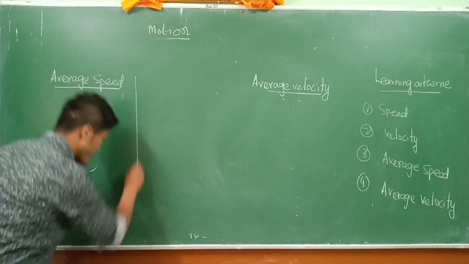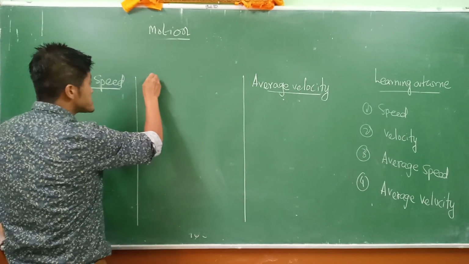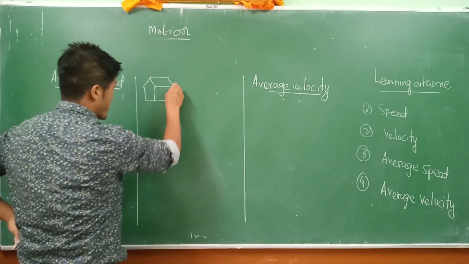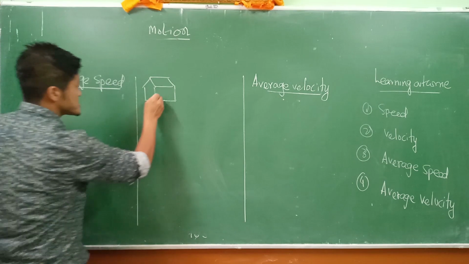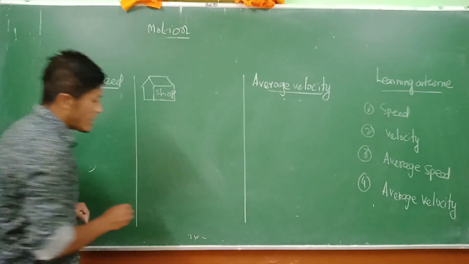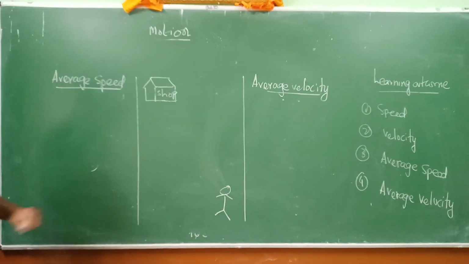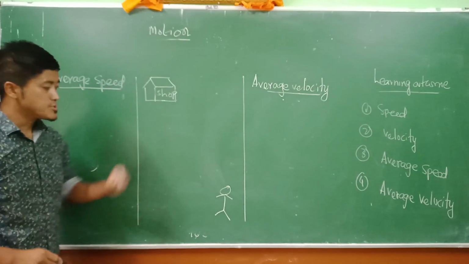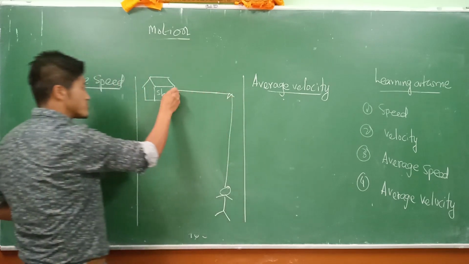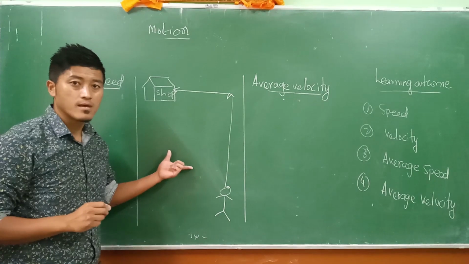So now there is a shop. This is a shop where you get candies and all of this. And there is Tashi here. Now Tashi has to reach this shop. To reach this shop, Tashi has to travel first in that way here and through it in this way here. This is the route. This is the pathway.